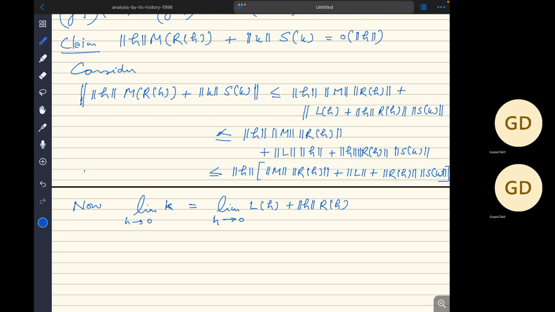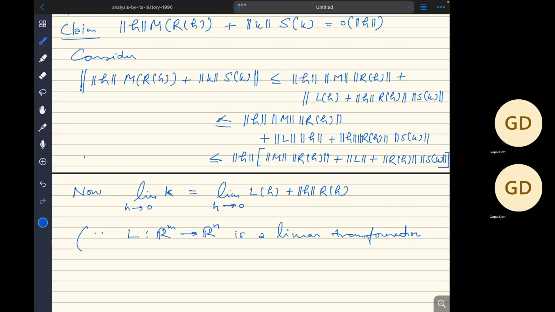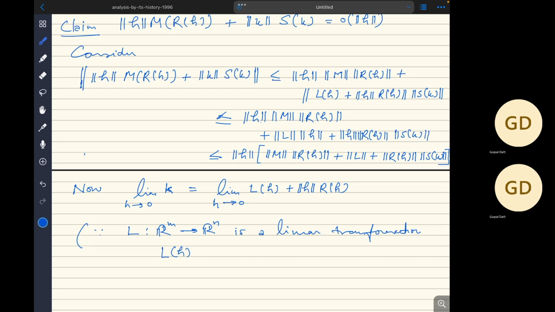Okay. So L is a linear transformation from R^m to R^n. Since L is a linear transformation, L(h) will go to L(0), that is 0, as h goes to 0.